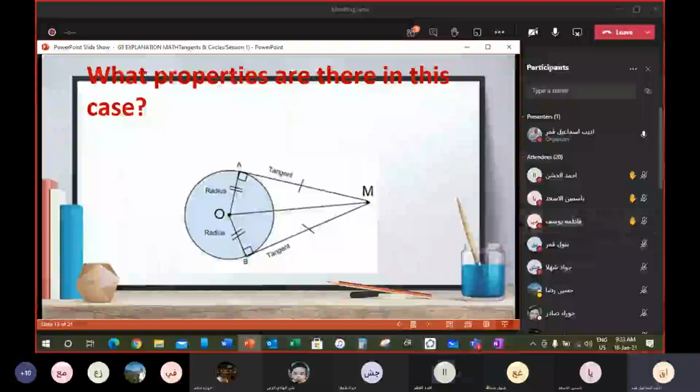That means if I have two tangents drawn from a point outside the circle to the circle, then the segment from M to the first point of tangency, here MA, and the segment from M to B, MB, are equal. If I want to prove it, we prove that now.